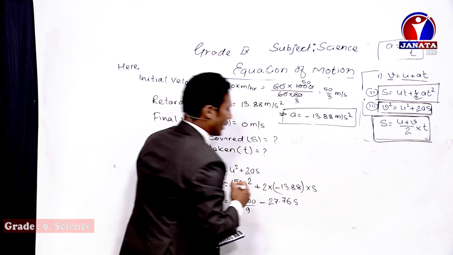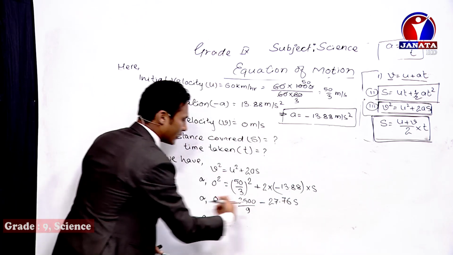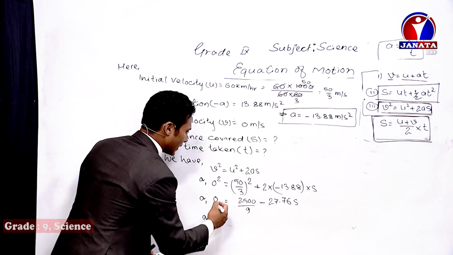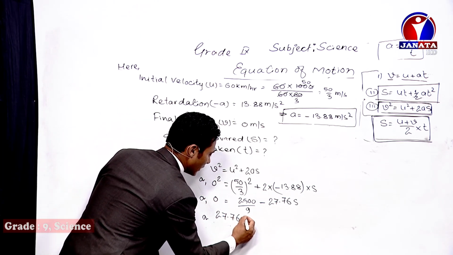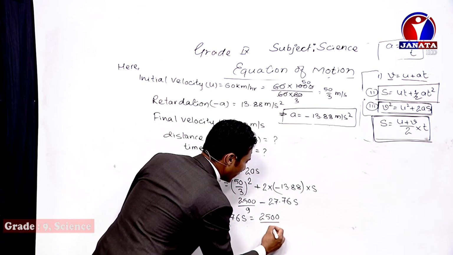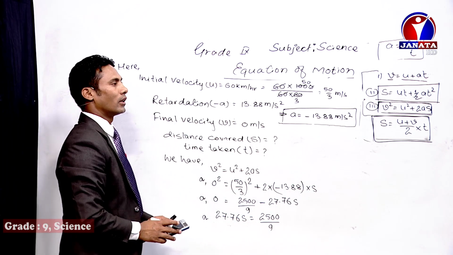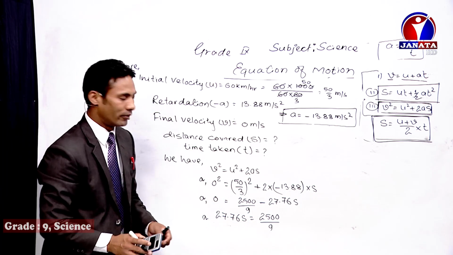27.76 into s. So this having s, I will transfer to the left hand side, that is 27.76 s equals to 2500 by 9. You can convert this into decimal also, no problem, and in fraction also we can calculate as our wish, right?